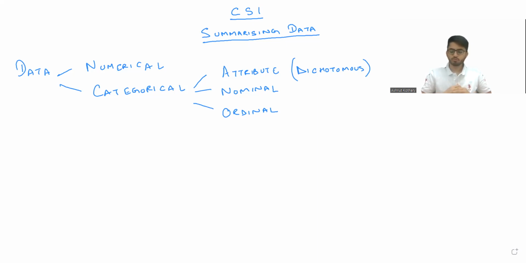Fourth one, cumulative frequency table. Next one, sixth, group frequency table. Next, stem and leaf diagram.